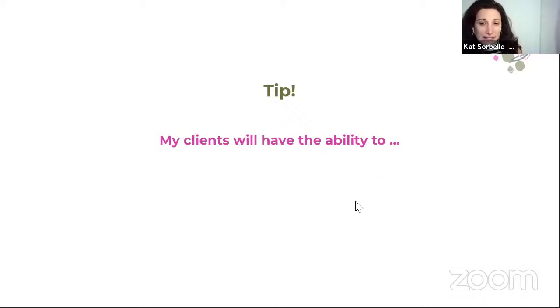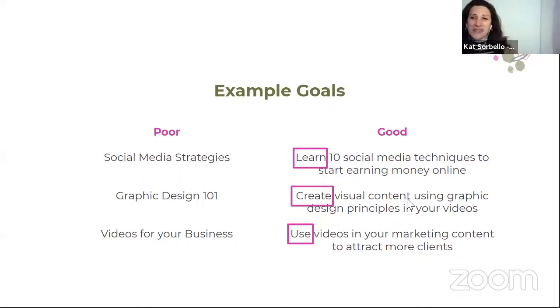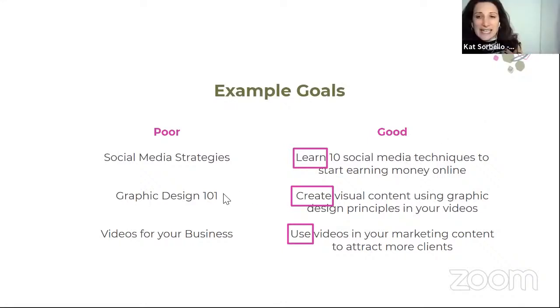So if we head back, I'm just going to try to go back. There we go. If we go back to this example, and if I was to say my client will have the ability to graphic design 101, it doesn't make sense. So this is an example of how we can test if we've got a good goal. Then we can say my clients will have the ability to create visual content.